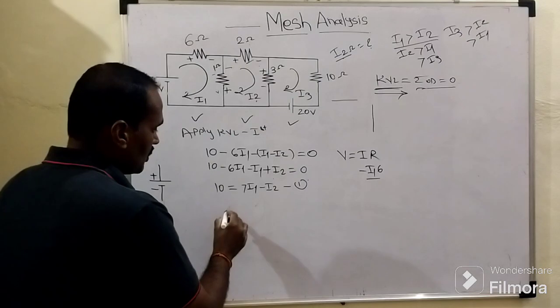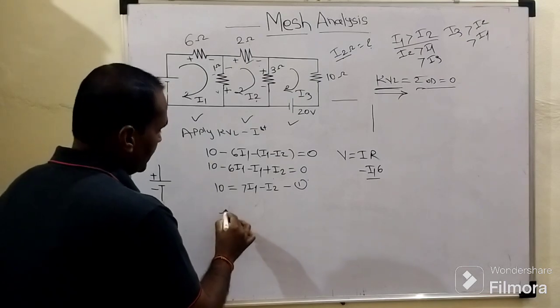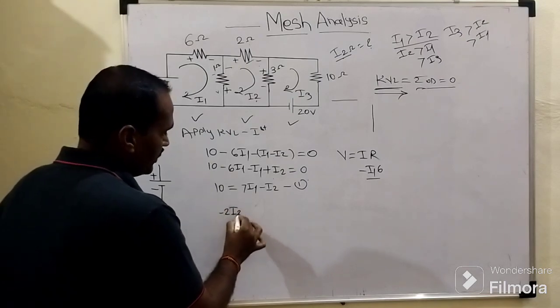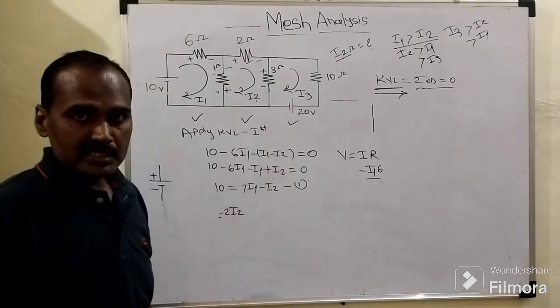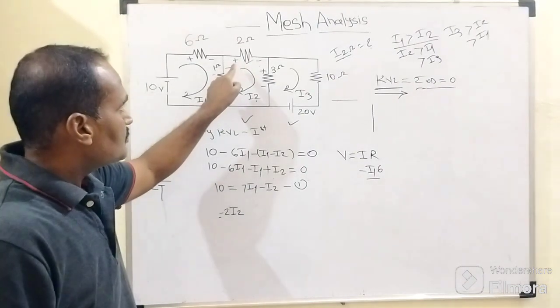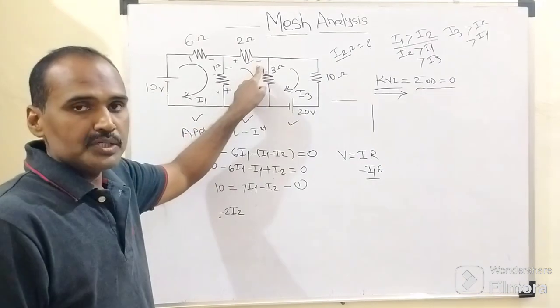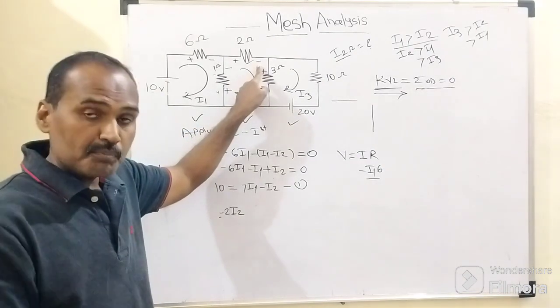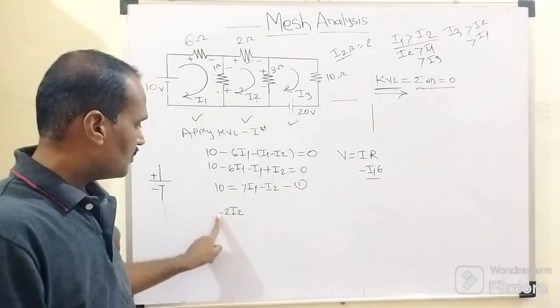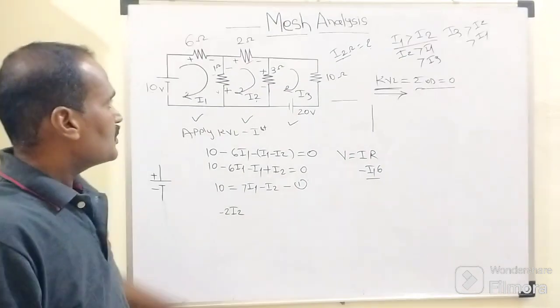So obviously the ohmic drop across this 2 ohm resistor will become negative. So it will become minus 2 times I2. Why is this negative sign taken into account? Because we are going from positive to negative plate of that resistor. Opposite sign we need to consider. So it will become minus 2 times I2.